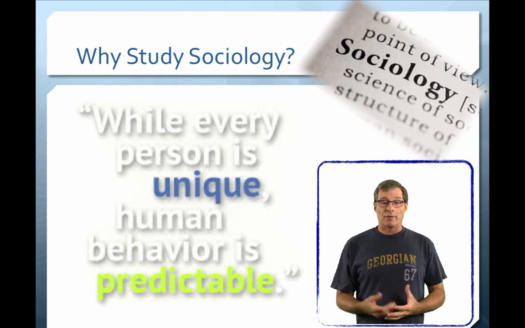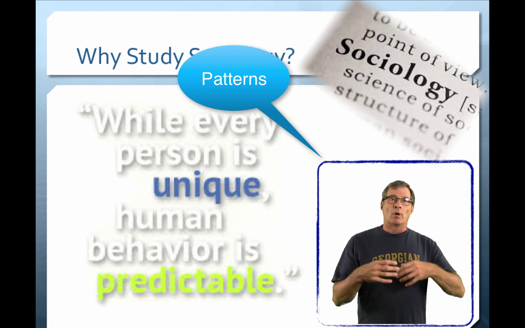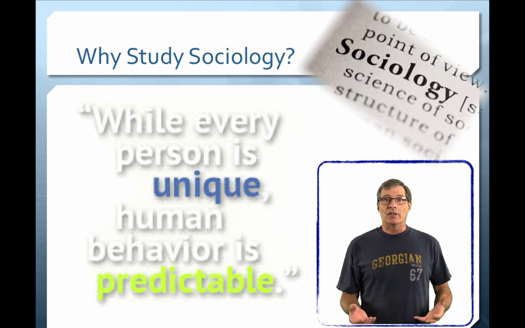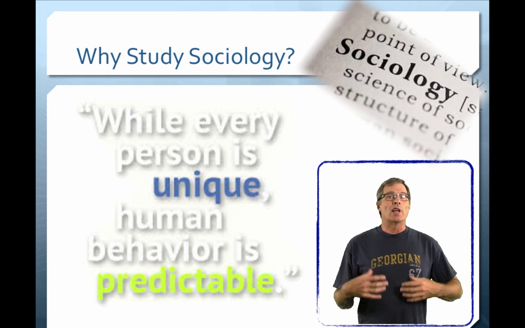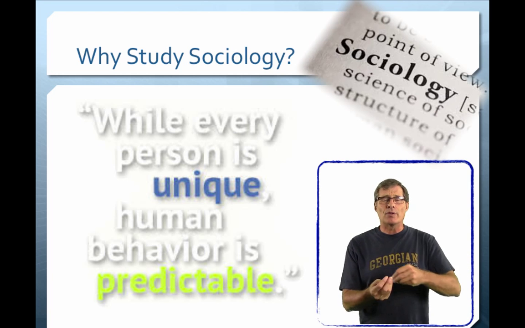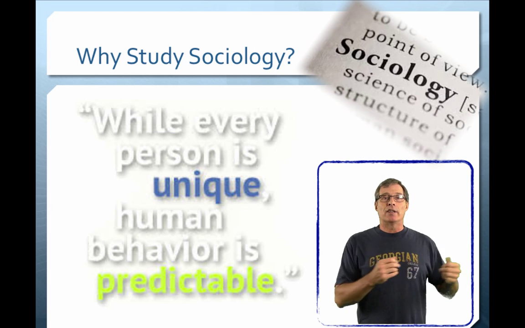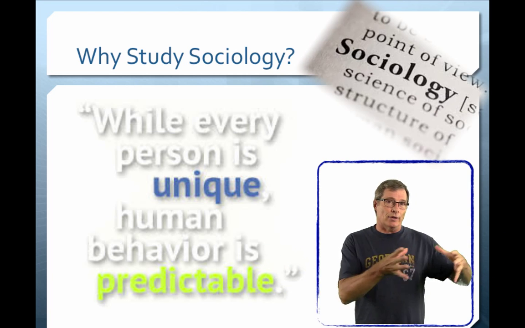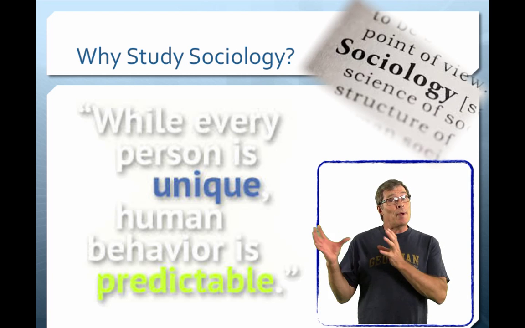Sociologists attempt to discover patterns or commonalities in human behavior. You know, as Canadians, we have certain behaviors that make us Canadians. As people living in Owen Sound, there are certain behaviors. You can go across Canada and hear different slangs, if you will, language styles across Canada. And so those are patterns.